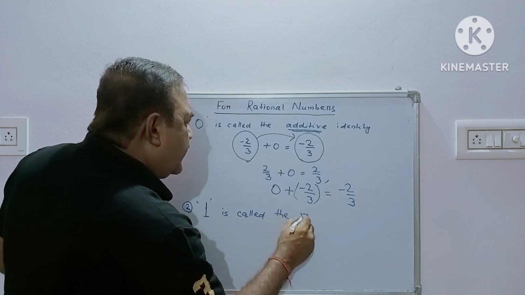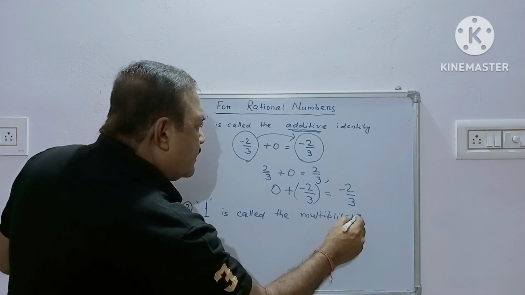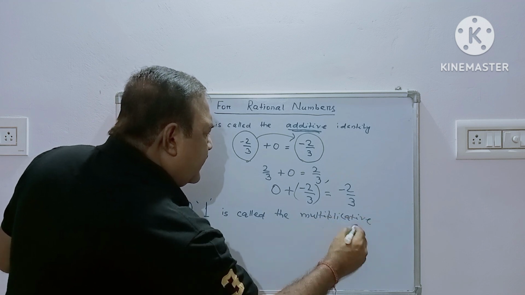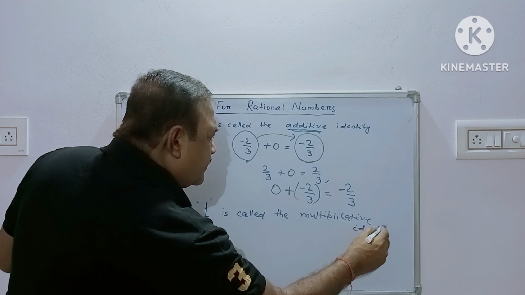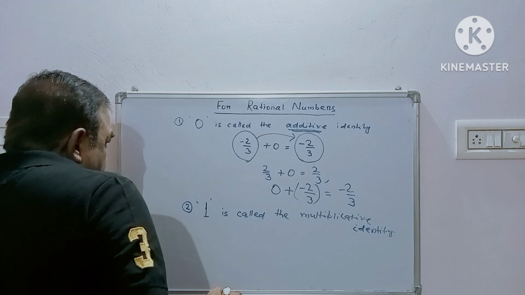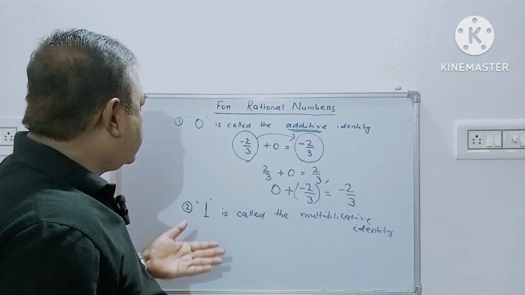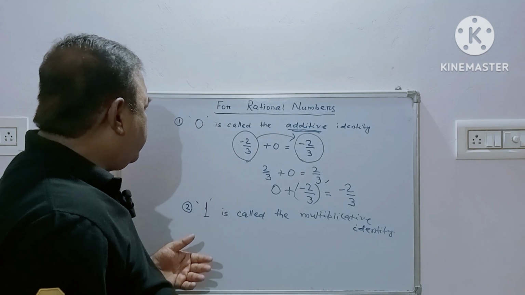Next, like that, 1 is called the multiplicative identity. You also know it for the integers, already we have discussed, and also for the whole numbers.